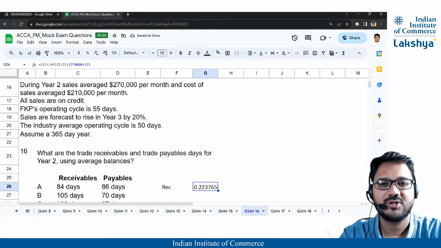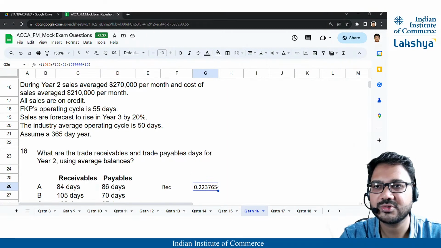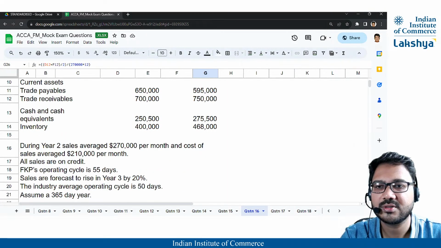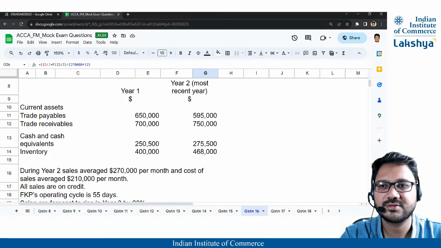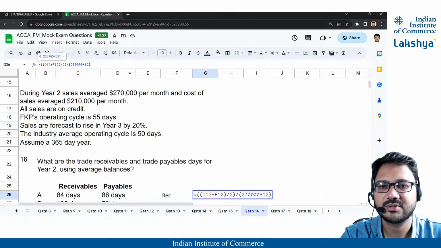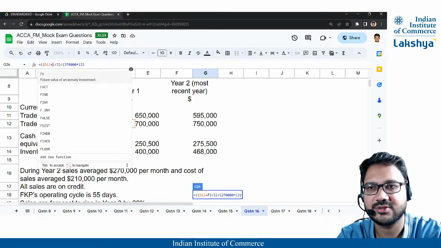Okay. So receivable days is, wait, there seems to be some error. How can it be? We need days. Did I take receivables? Oh, I didn't take the proper numbers. I don't know how the cells got shifted.